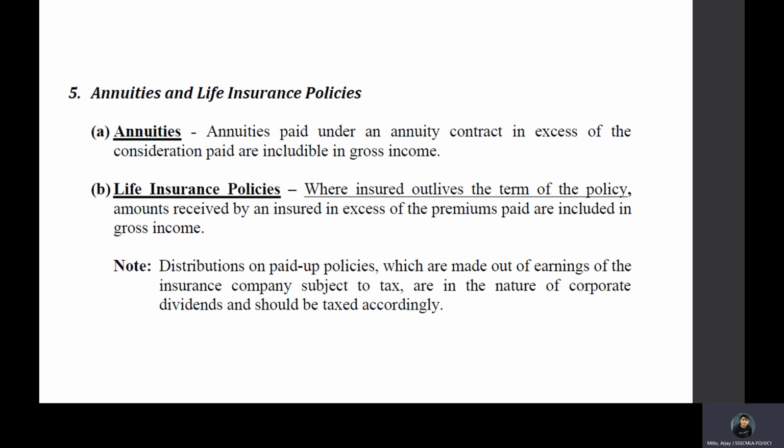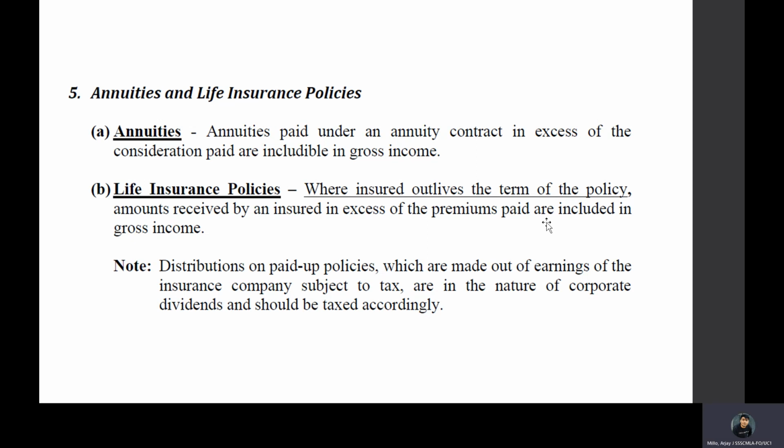So next slide is the annuities and life insurance policies. So eto, annuities paid under annuity contract in excess of the consideration paid are includable in gross income. So dito ang basis lang natin, since we're talking about income, kung magkano lang yung excess dun sa consideration na binayad natin.